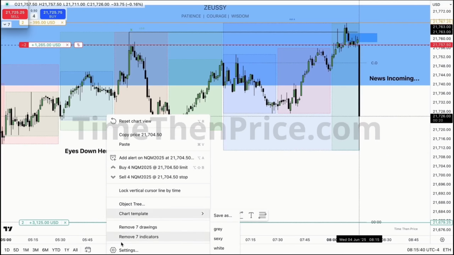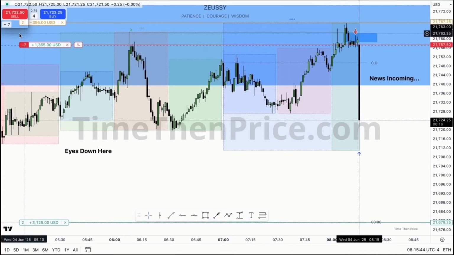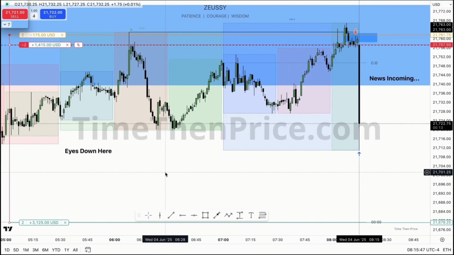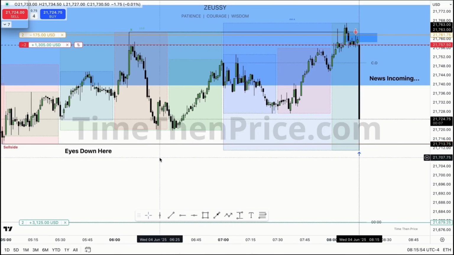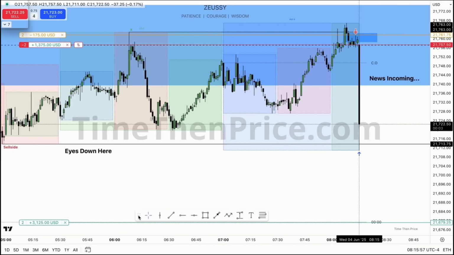Notice that I'm leaving runners for the midnight open, and the reason being is because on days where we anticipate consolidation, price is likely going to return towards that midnight opening a lot. Notice that the news beautifully was utilized to reprice towards the downside, and we saw the market retrace eventually.